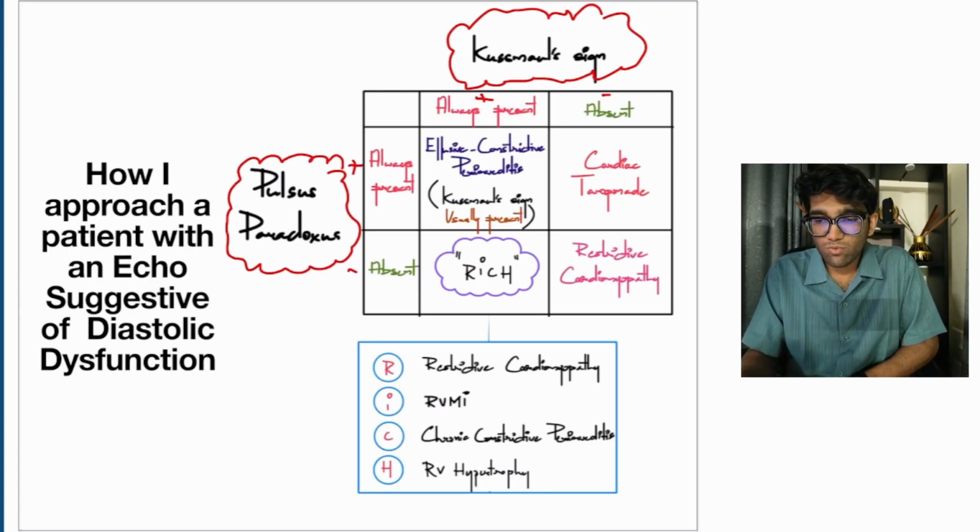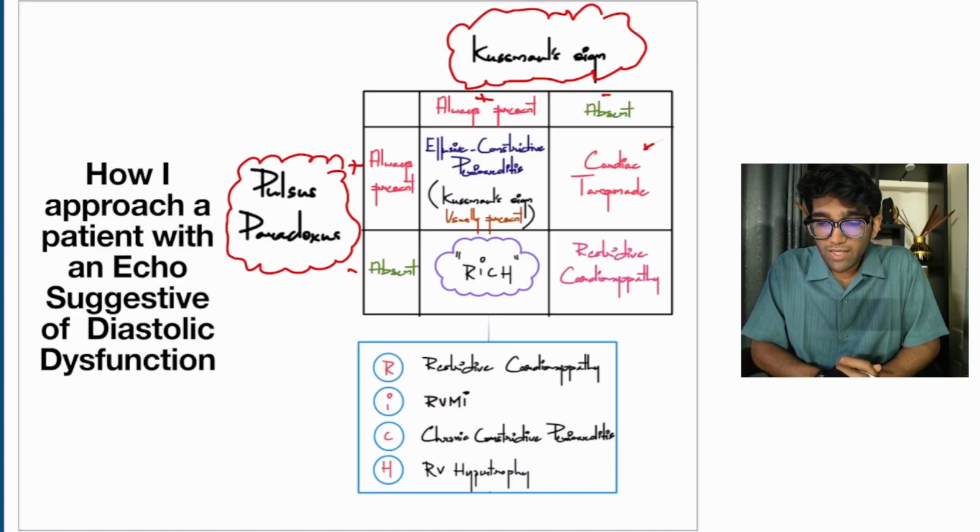Now, if the Kussmaul sign is absent and pulsus paradoxus is present, what we say is that the patient likely has cardiac tamponade.